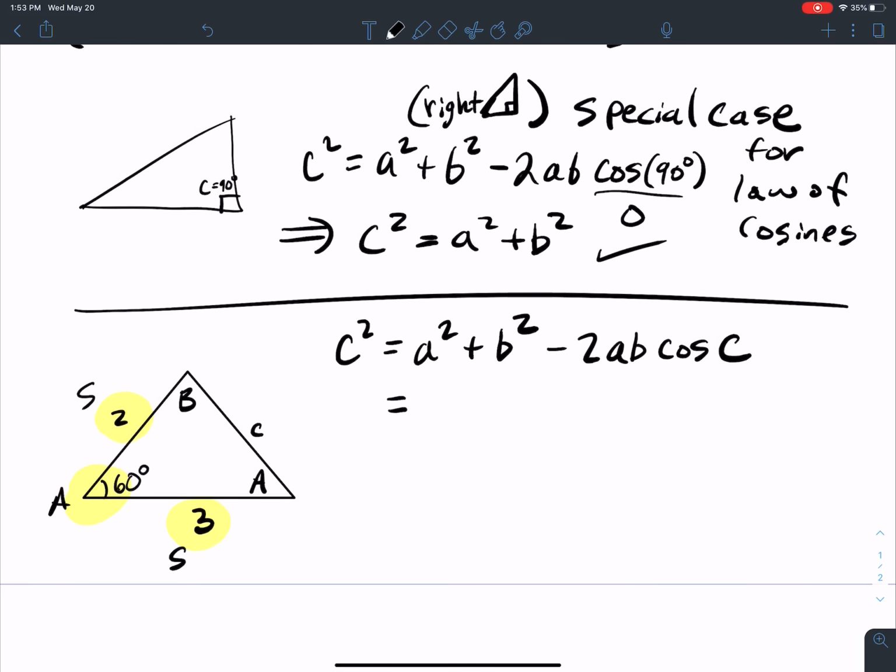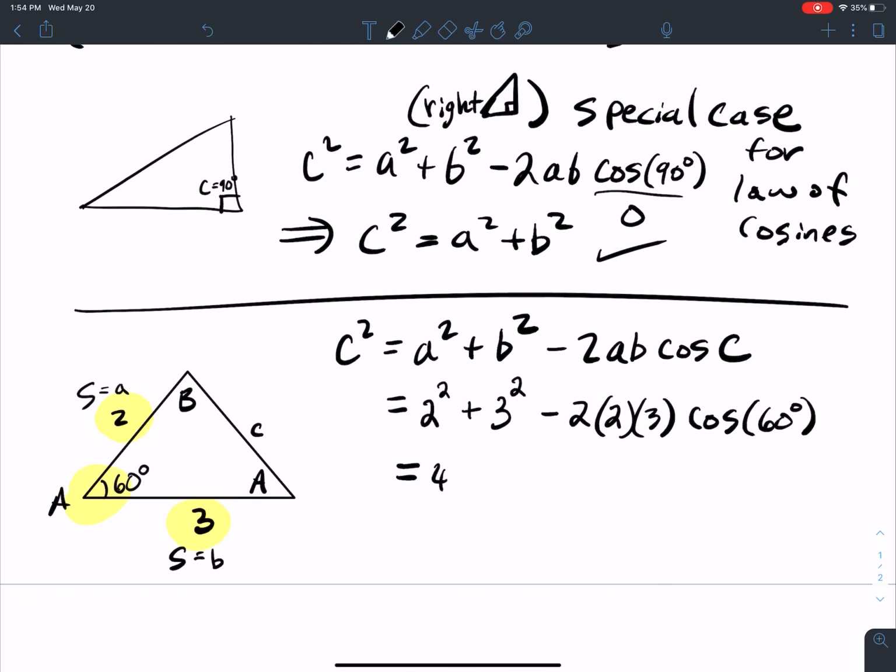Now this is equal to, what is a? Let's see, this is a and this little thing is b. So that's 2 squared plus 3 squared minus 2 times 2 times 3 times the cosine of 60 degrees. Now this is going to be 4 plus 9 minus 2 times 2 times 3 times, now what is the cosine of 60?